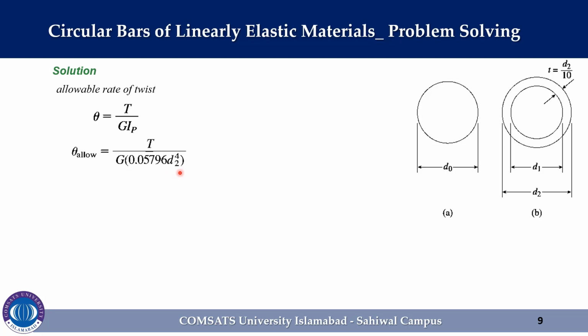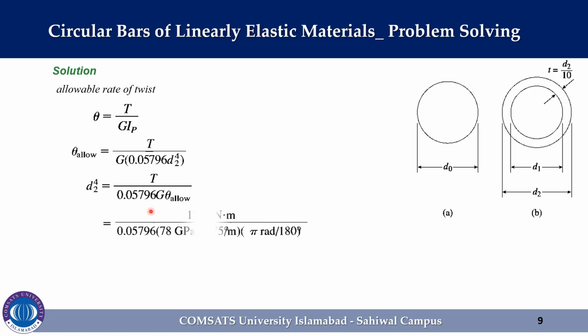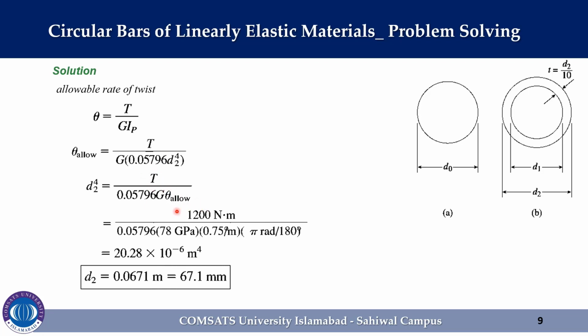Now rearrange this equation for d2 as d2 power 4 is equal to T over 0.05796 G theta allow. As we have already done, put the values of torque T, that is actually 1200 Newton meter, shear modulus of elasticity already given in the statement, that is 78 gigapascal, and allowable rate of twist, that is 0.75 degree per meter.